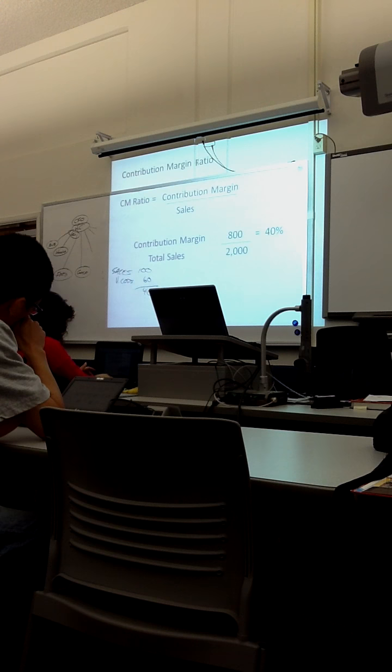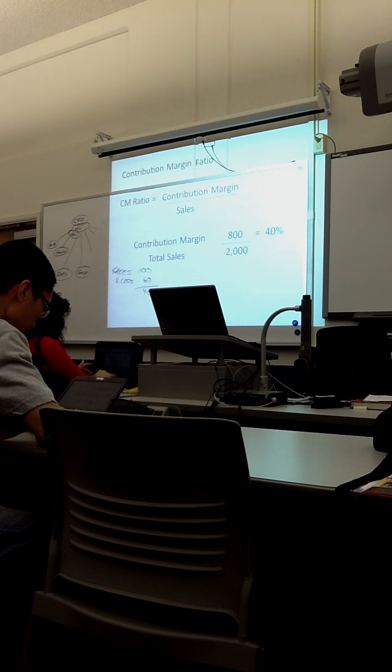What would be an example of this? Take a bookstore. We sell a book for $10, and the book cost us $5 or $6. We bought the book, cost us $6, we're going to sell it for $10. Contribution margin is $4 for every book we sell.